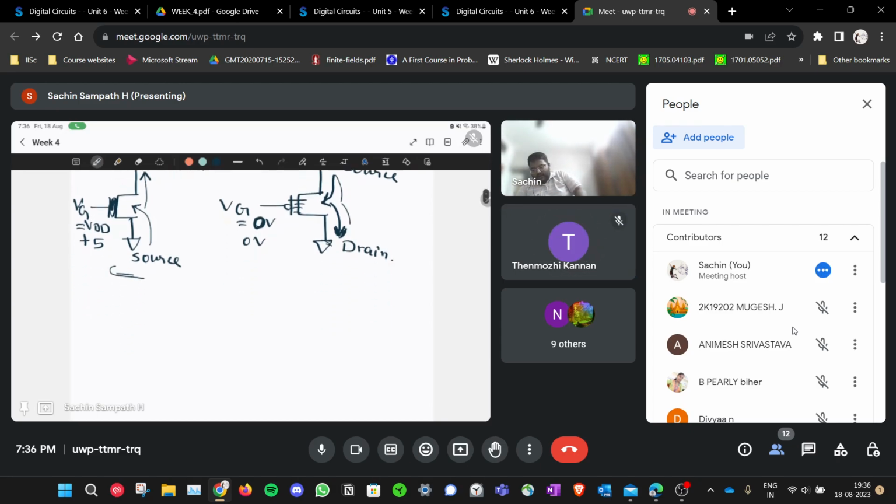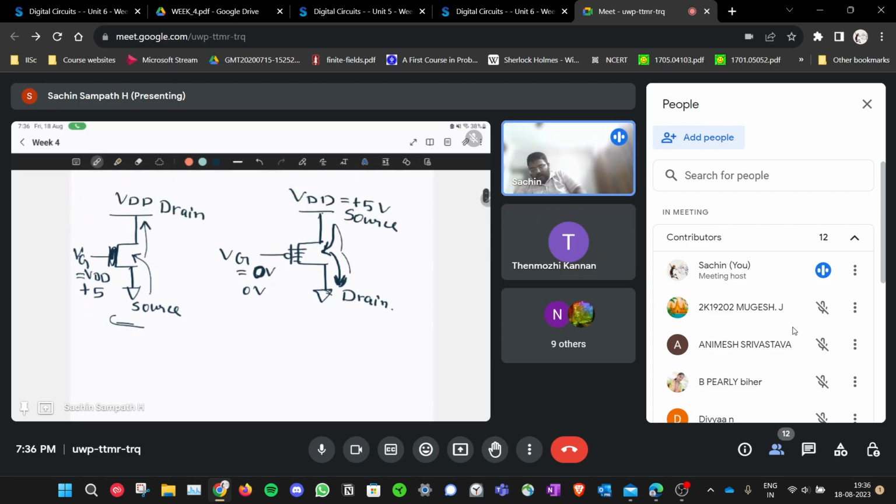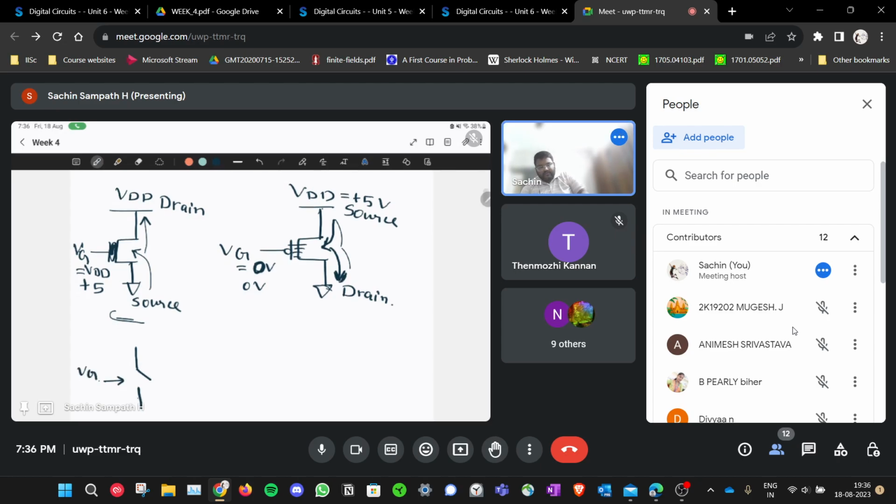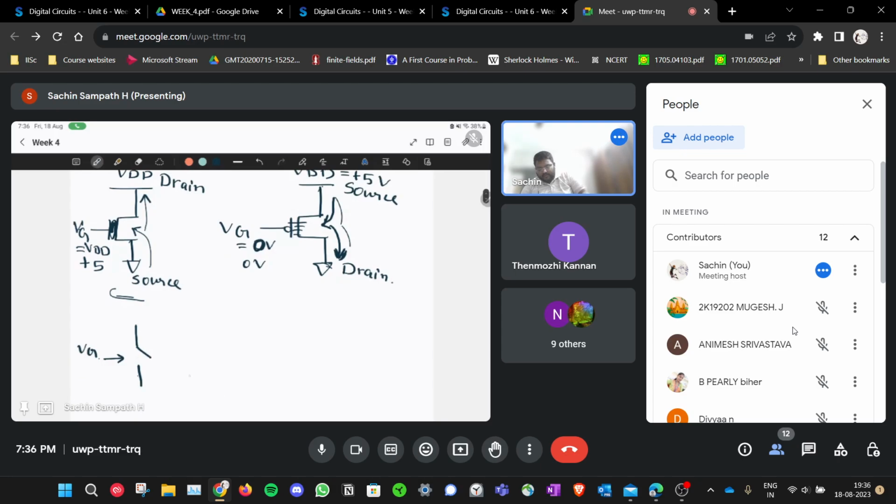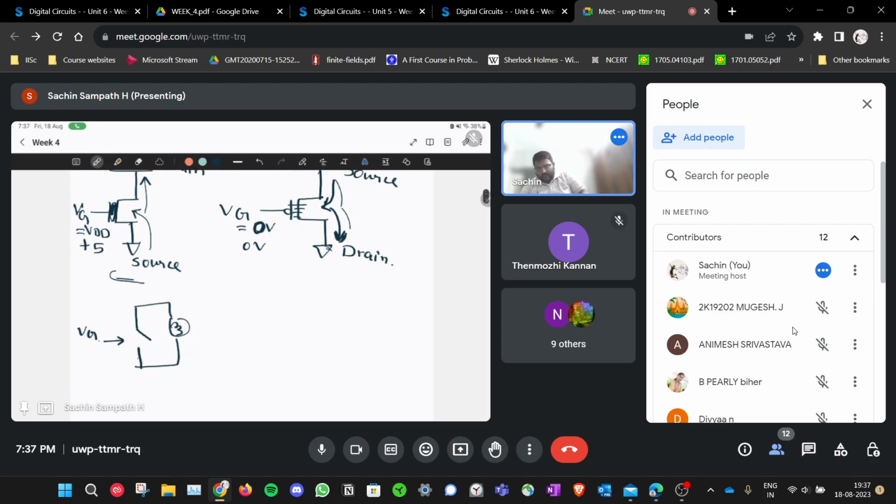Okay. So what you want your transistor to do is act like a switch. You have a switch here, and your gate voltage will tell you whether the switch is closed or open. So suppose you had a bulb here. When the switch is closed, the bulb will glow. When the switch is open, the bulb won't glow.